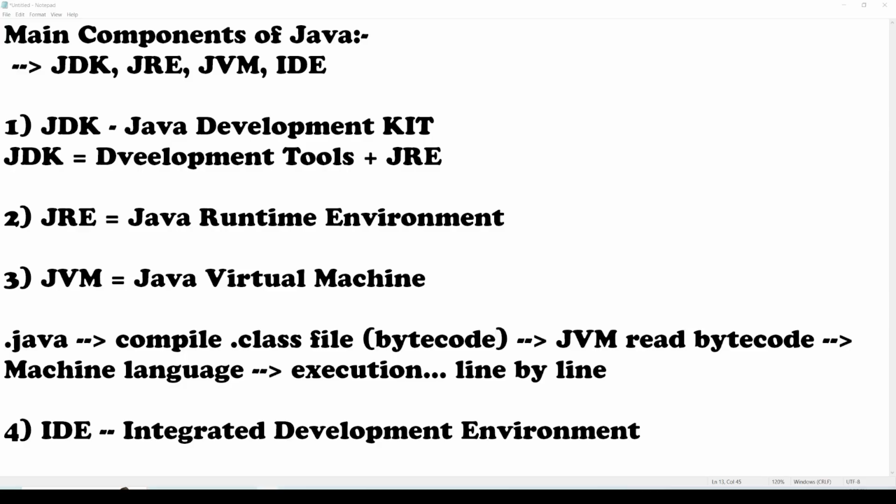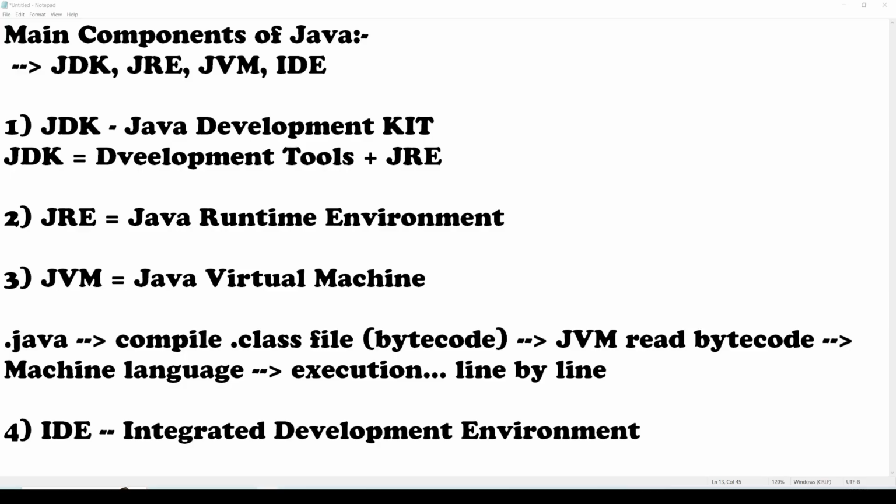An IDE is software where we can write Java code, compile it, and run those programs very easily. For example, you might have heard about Eclipse, IntelliJ IDEA, VS Code. These are all IDEs. For Selenium automation, we generally prefer to go with Eclipse or IntelliJ as an IDE.